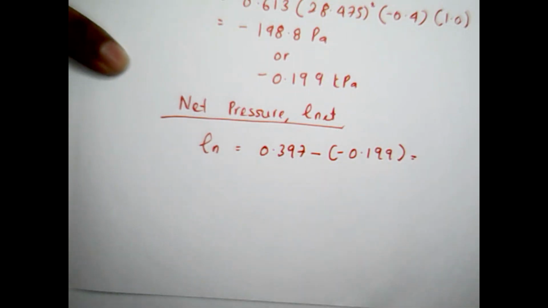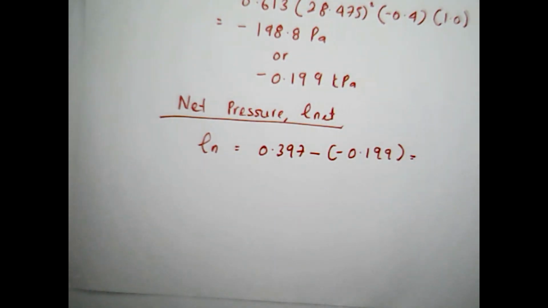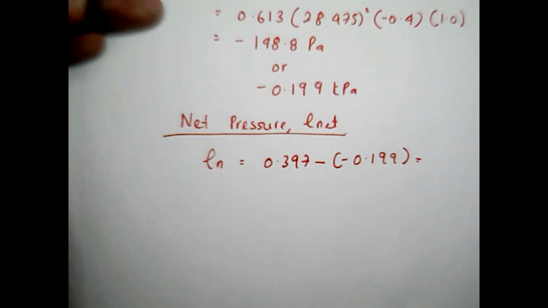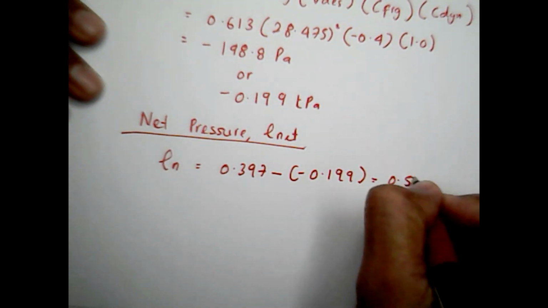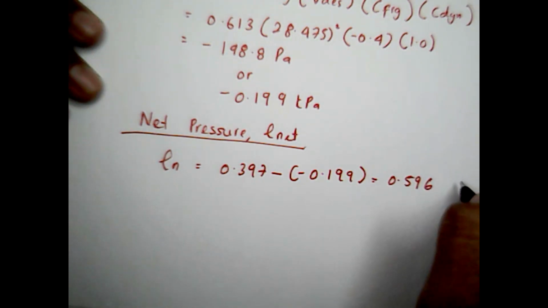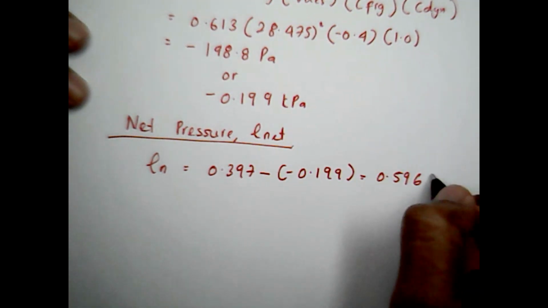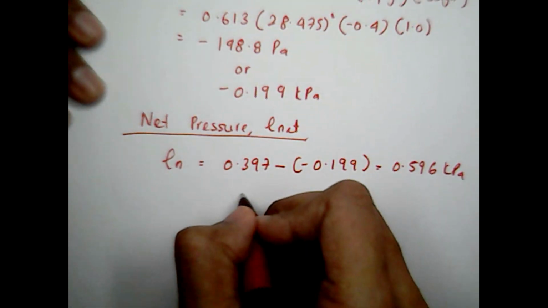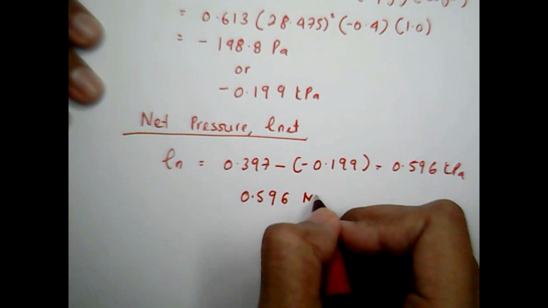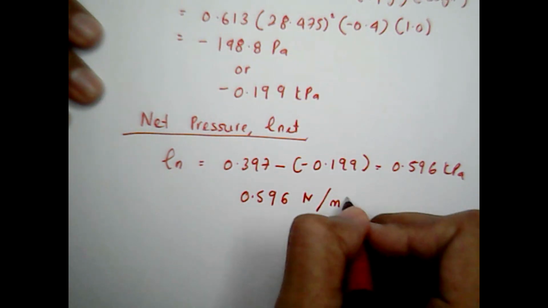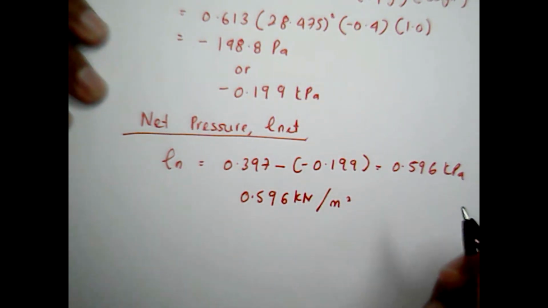Okay, so then you will have 0.397 minus, so you need to plus 0.199, so you get 0.596 kilopascal, or equivalent to 0.596 kilonewton per meter squared.